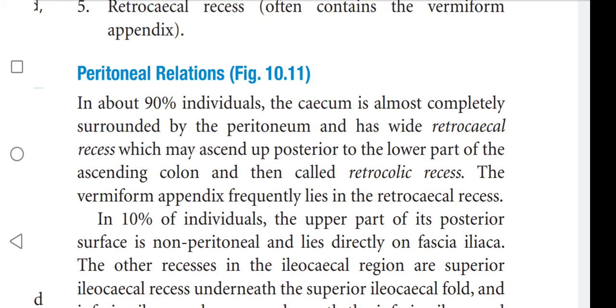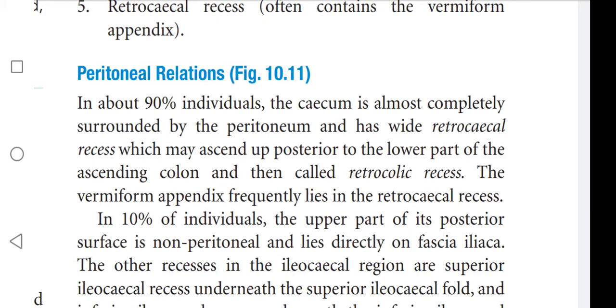The retrocecal recess may ascend up posterior to the lower part of the ascending colon and is then called the retrocolic recess.